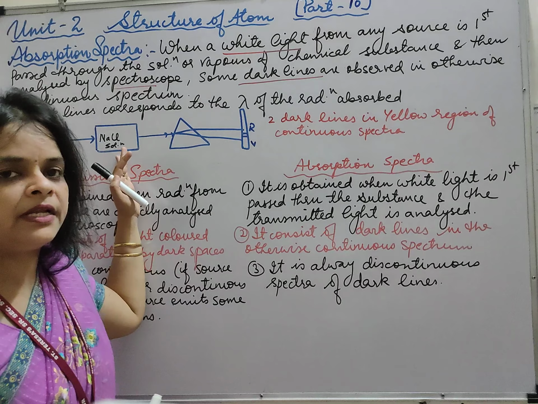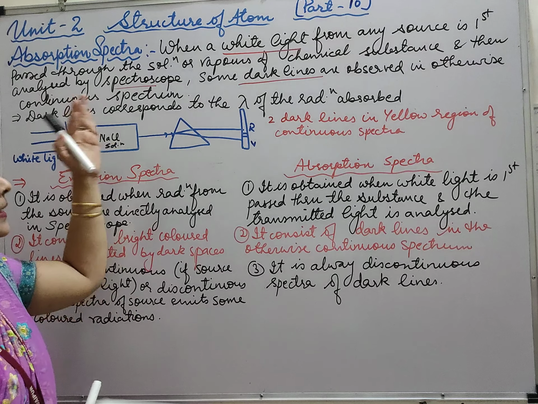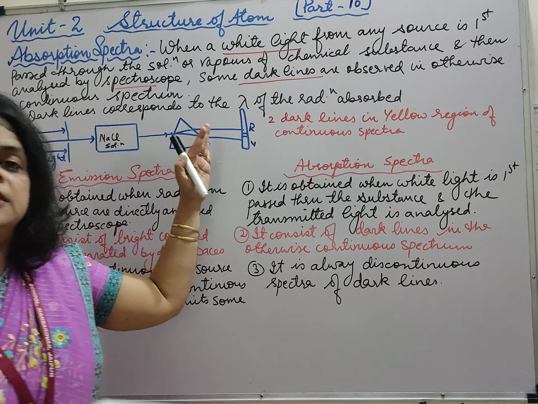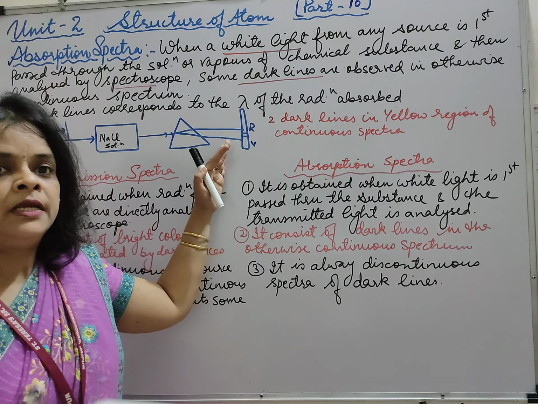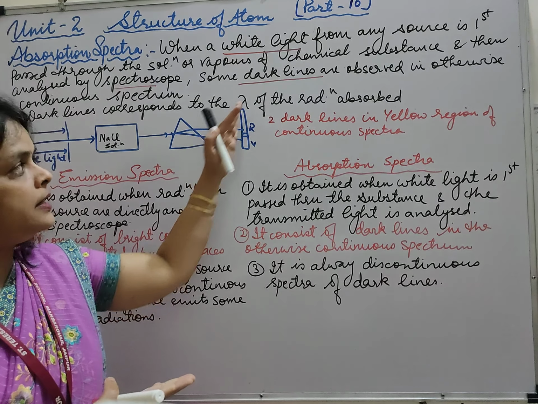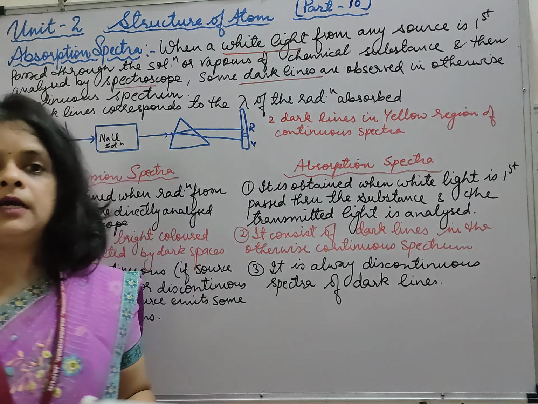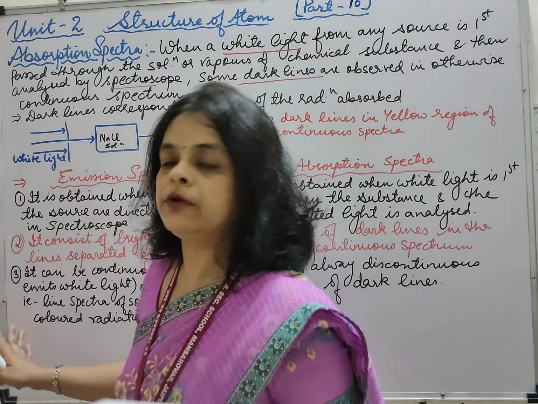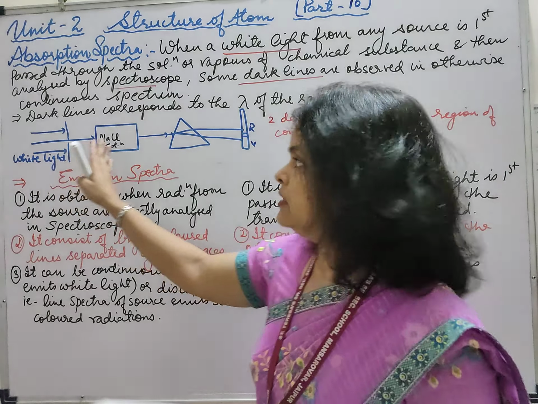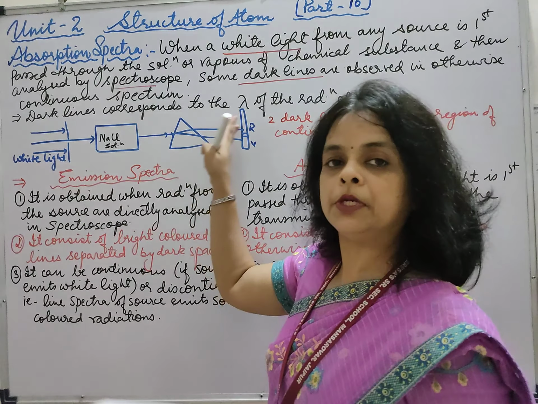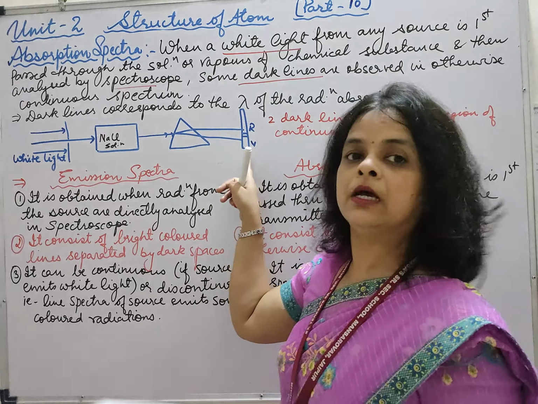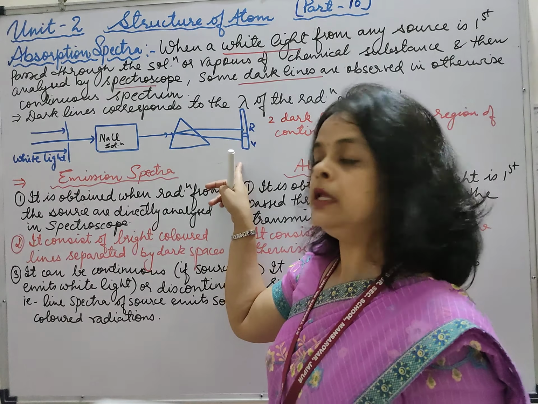For example, we have taken the NaCl solution and then its dispersion is taking place. इसका डिस्पर्जन हो रहा है and we are supposed to get the continuous spectra. अभी हमने पहले यही देखा था, what we had seen in the continuous spectra, that the white light when it was passed through the prism, dispersion takes place and all the light colors were there in the spectrum starting from violet to red. Okay, and it was a continuous spectrum.